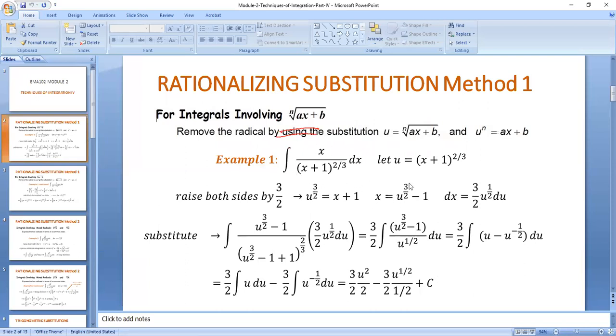X plus 1, if written in the radical manner, class, if you write this one, the x plus 1 raised to 2/3, it would be written like this. And this one, it's the cube root of x plus 1 squared. So that's a radical. In method 1, you only have one radical. So that you will not be confused, there is only one radical.